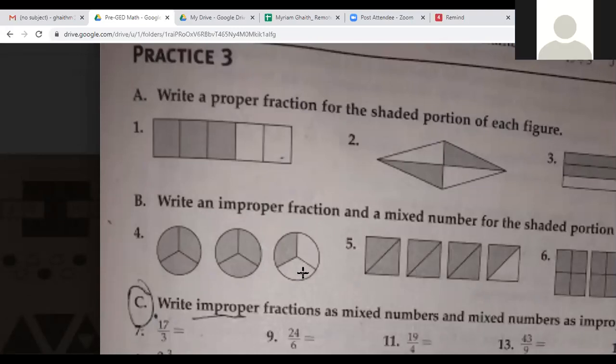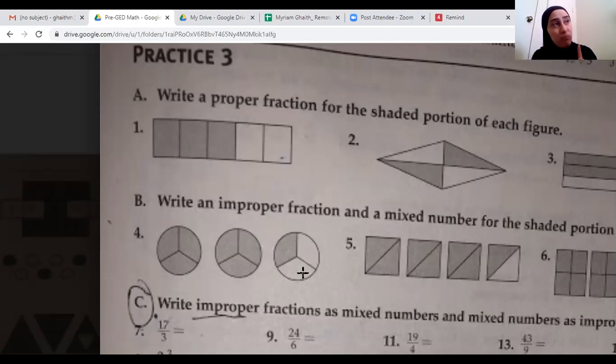But here we have more than 1 box shaded, plural, so we add an S for fifths. So we would say 3/5. If it was 2/5 or 4/5, it would be the same. There would be an S at the end of fifths. Does that make sense? Okay.